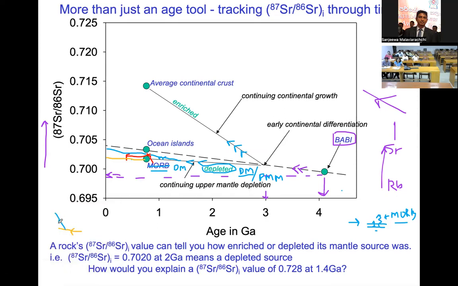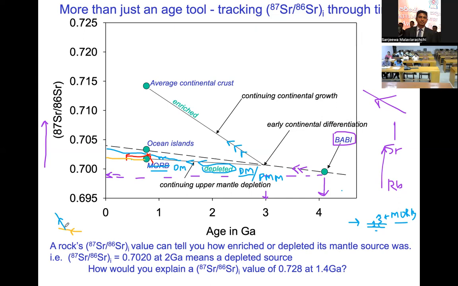That means definitely it will be a little higher than the original source, because for the melt there is an affinity for rubidium to go. So therefore there will be some deviation. So the original source can evolve continuously like that, but the melt produced out of that could be evolving in another way, I mean a deviated way.